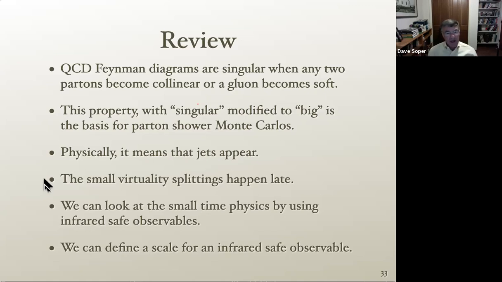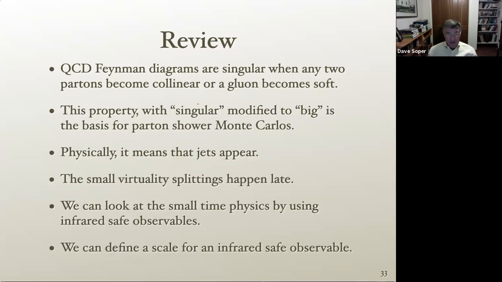When we look at space-time, the small virtuality splittings, that is either soft or collinear, those happen late in time. It's spread out in space-time and later for a smaller and smaller virtuality.